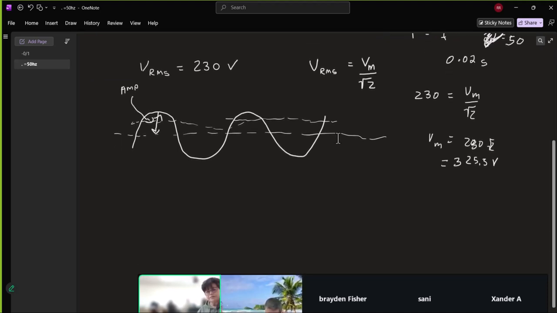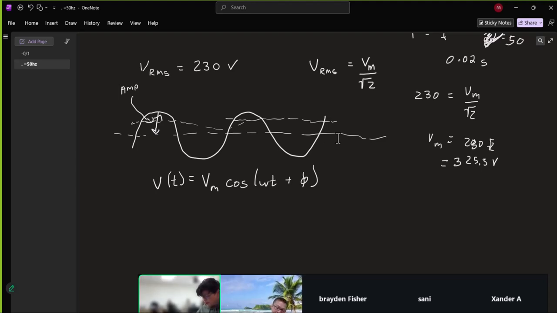So we want V of t to equal Vmax cosine omega t plus phi, and we want V of 0 to equal 0, and we want V of t to be increasing at t equals 0.